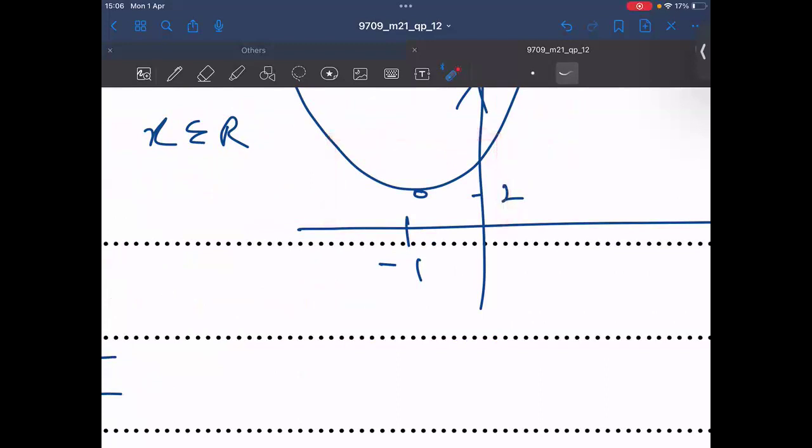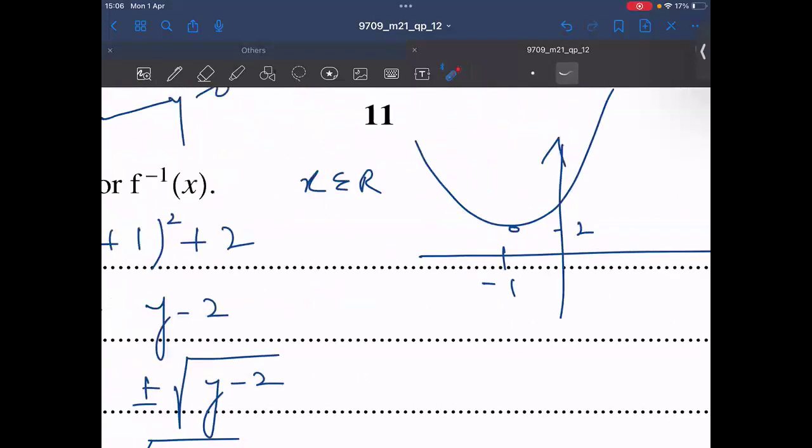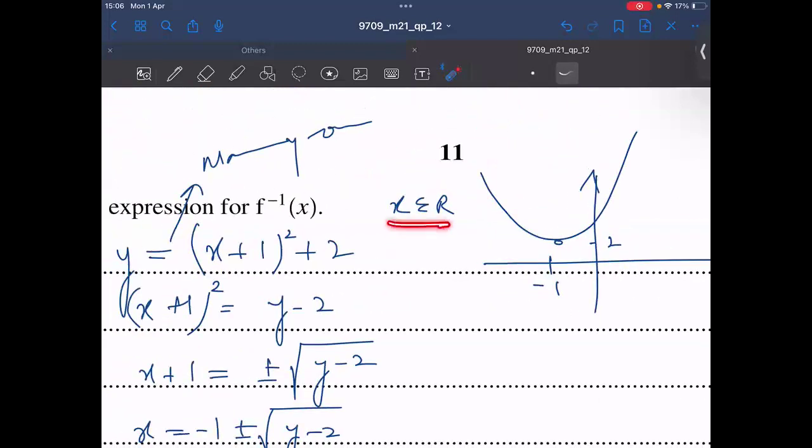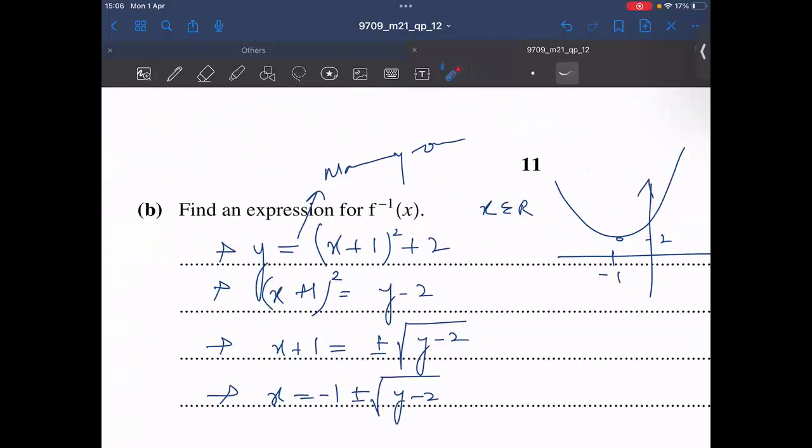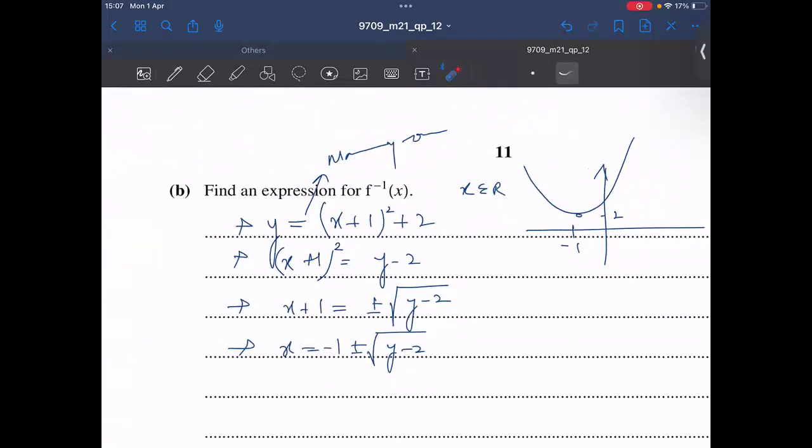So for this domain, you're going to have the graph of a quadratic function like this, and this tells you that f(x) is basically a many to one function. It's a many to one relationship. Look over here. When we have found the inverse relationship, this is what we call an inverse relationship.